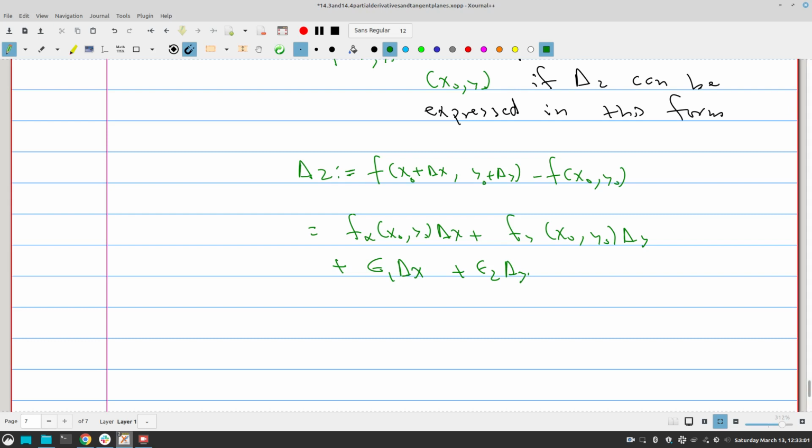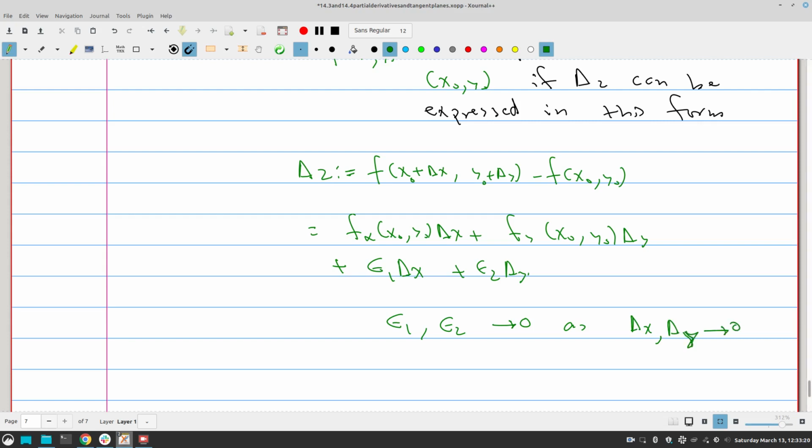And as you would have guessed, epsilon 1 and epsilon 2 go to 0 as delta x and delta y go to 0.